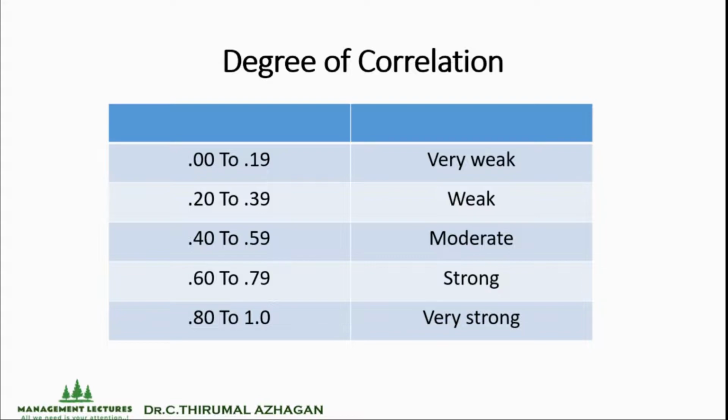If it is from 0.40 to 0.59, the correlation is moderate. If the value is 0.60 to 0.79, the correlation is strong, and when the value is from 0.80 to 1.0, we can confirm the correlation is very strong.